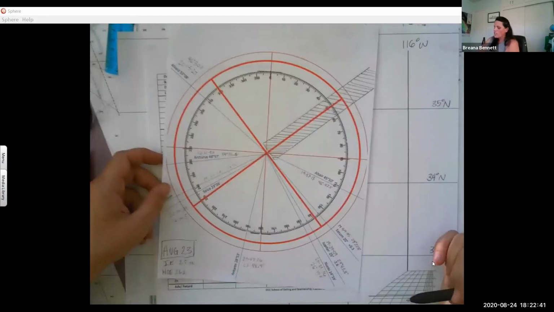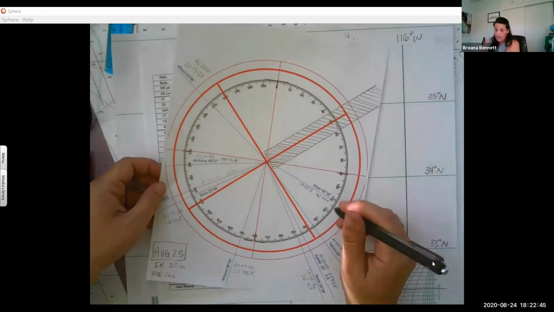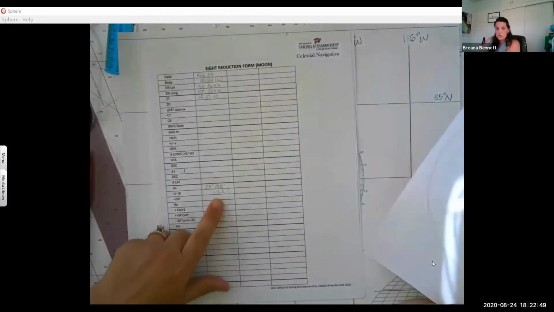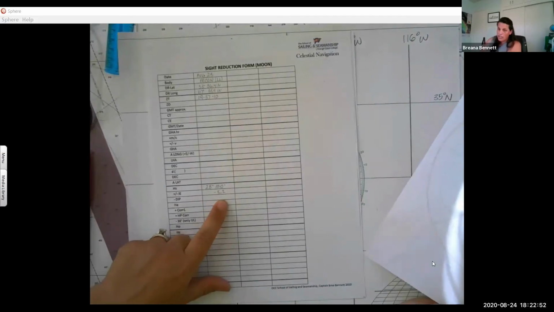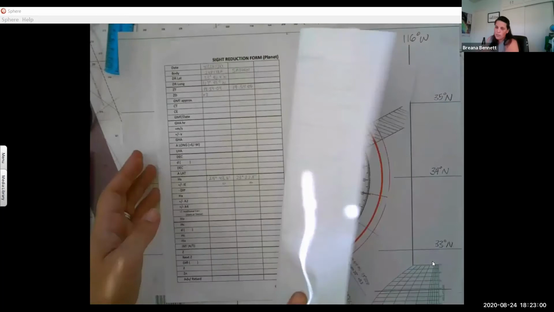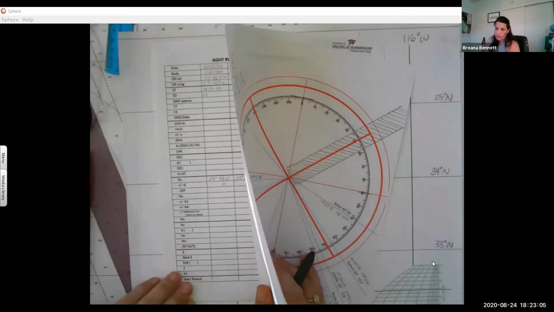For mine I am using a 0 index error, but for everybody else's I'm just rounding to a 5.2 on the arc. That might be off, but we're going to go with it. That's why those index errors are going to be different.